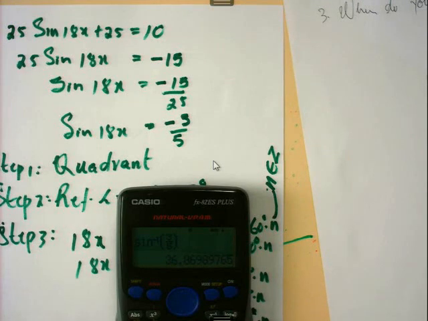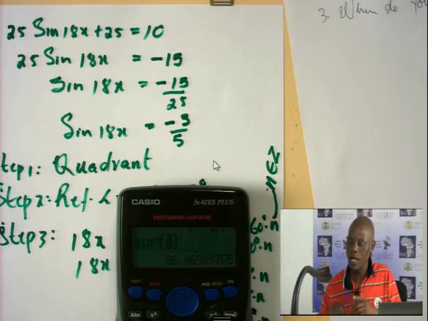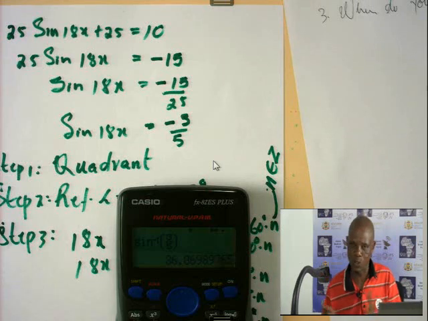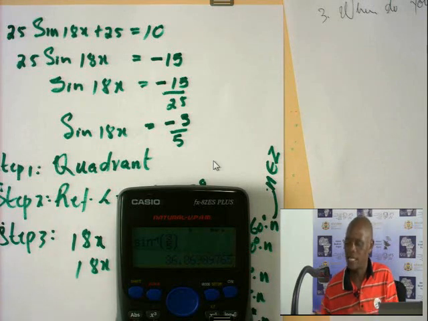Now, a very interesting question, which came before I finished off here and is very crucial, was: how do I know whether the graph is shifting to the left or to the right?